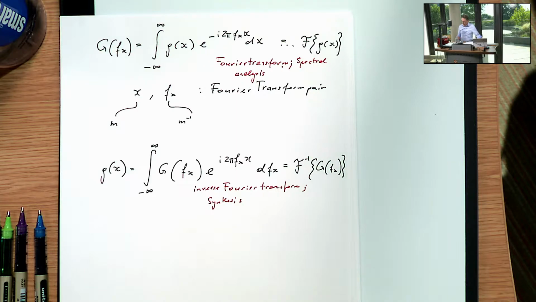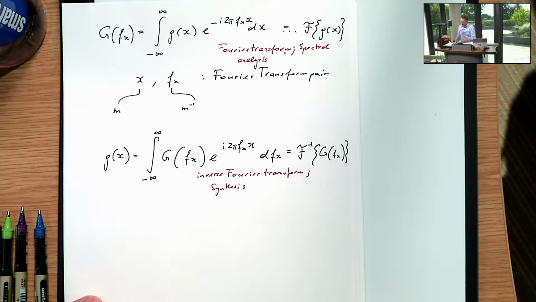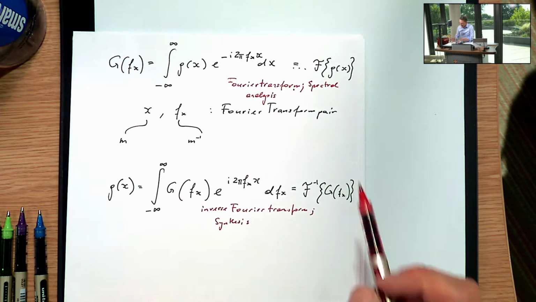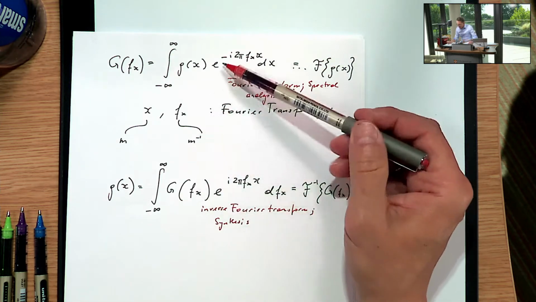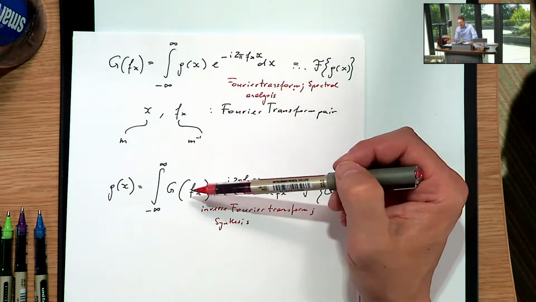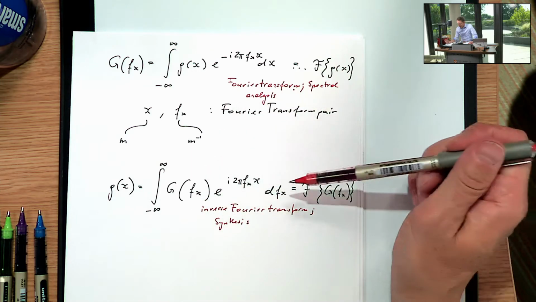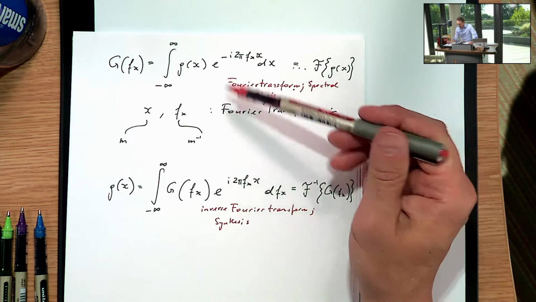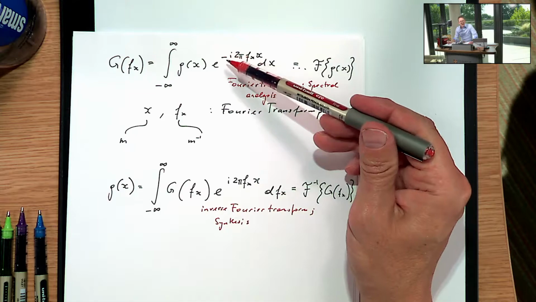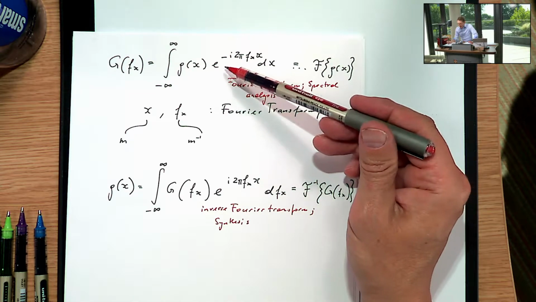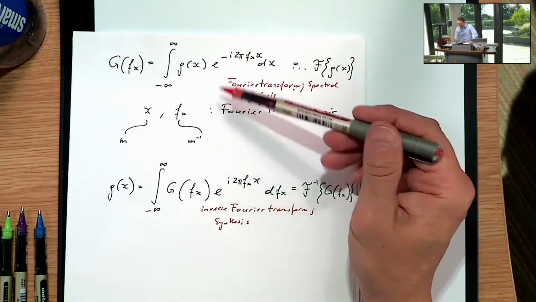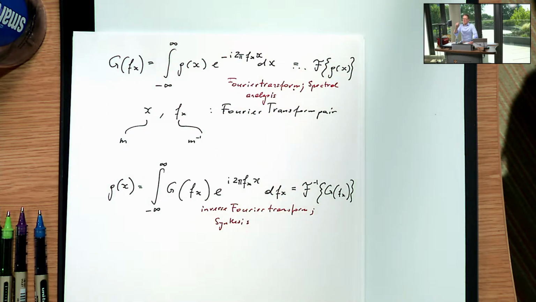One thing I would like to point out again is that these two operations look almost identical. The only difference is that there's a sign change. That sign change is, for our purposes, completely irrelevant, because it really is just a phase difference. If you take i or minus i, there's just a different phase.